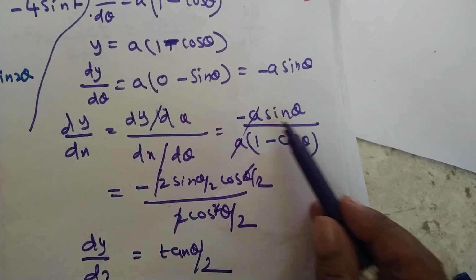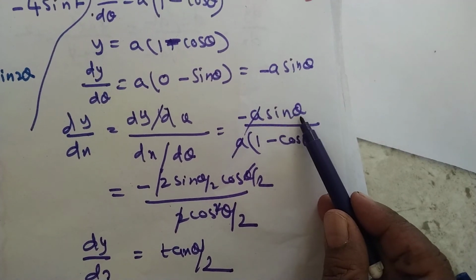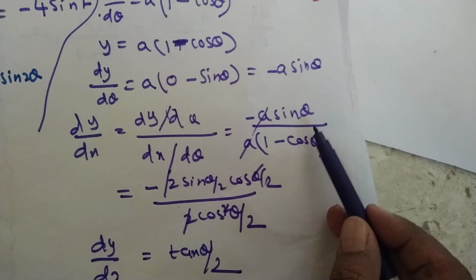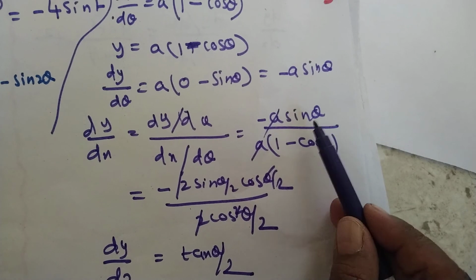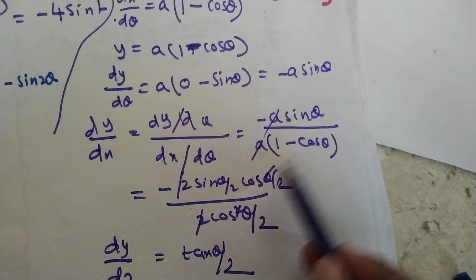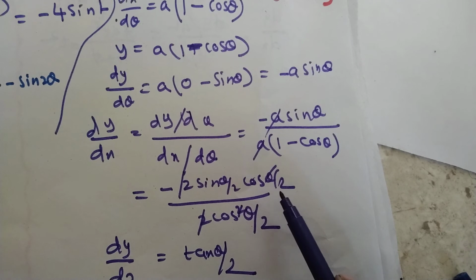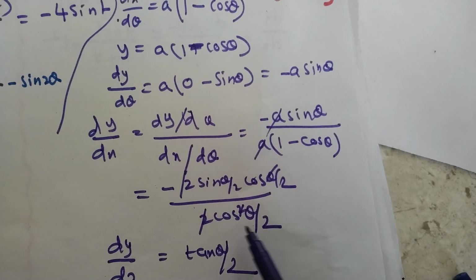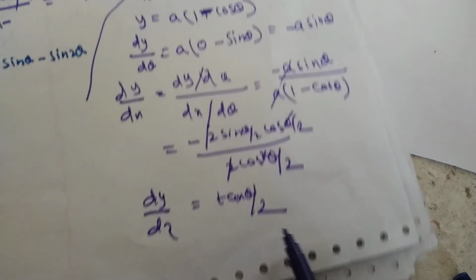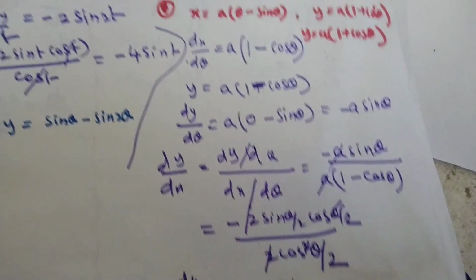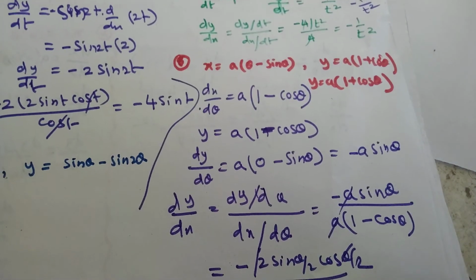Here we have taken sin 2 theta equal to 2 sin theta cos theta, which we studied in class 11. So in terms of half angle, sin theta equal to 2 sin theta by 2 cos theta by 2, and 1 minus cos theta is 2 cos square theta by 2. So our answer will be tan theta by 2. This is the sixth example. Now come to the seventh example.